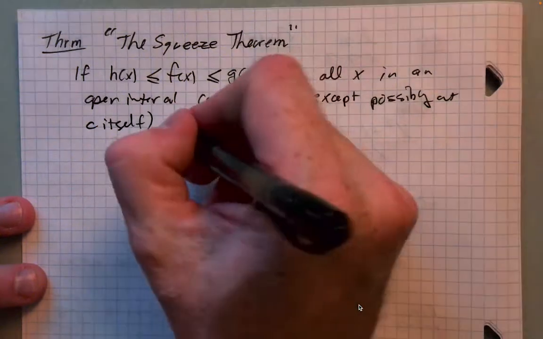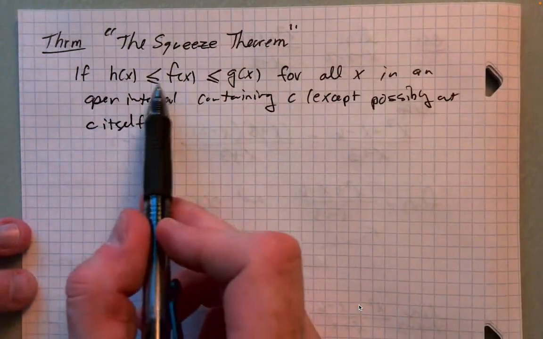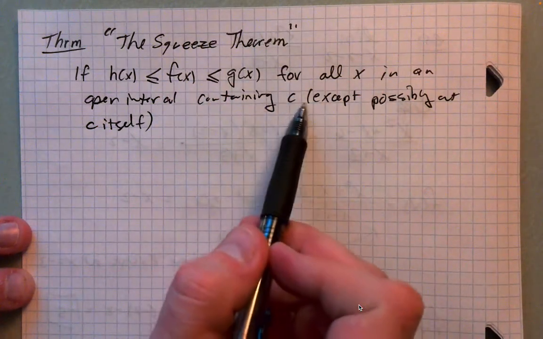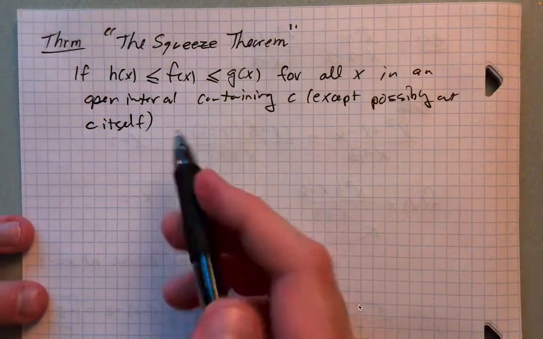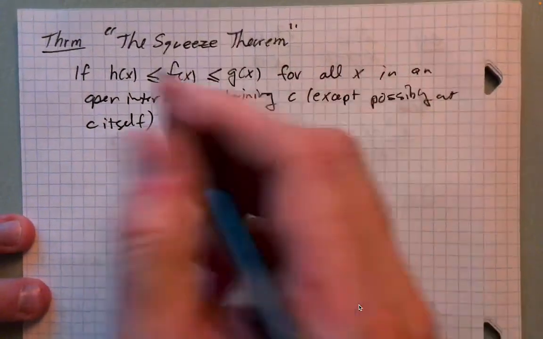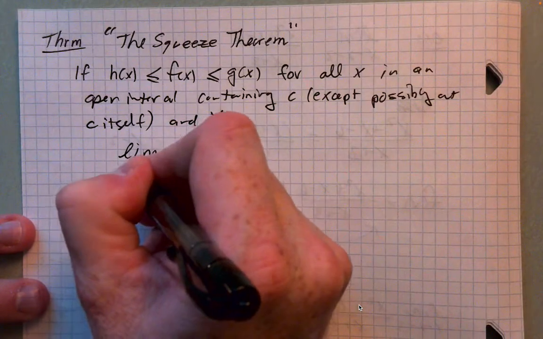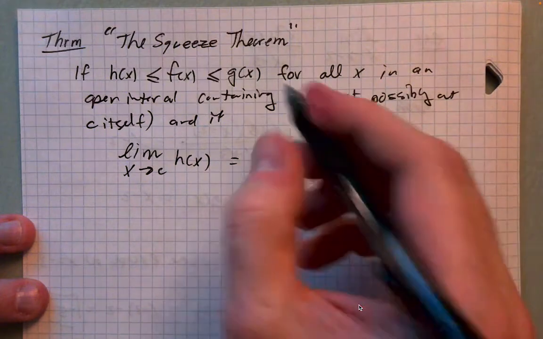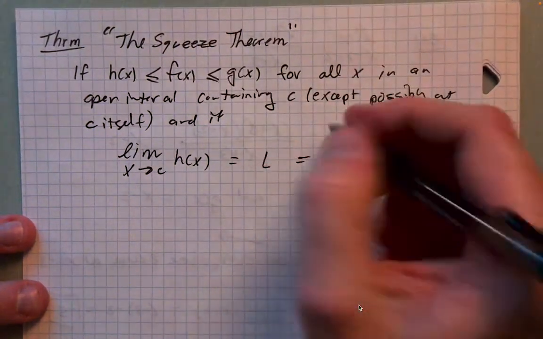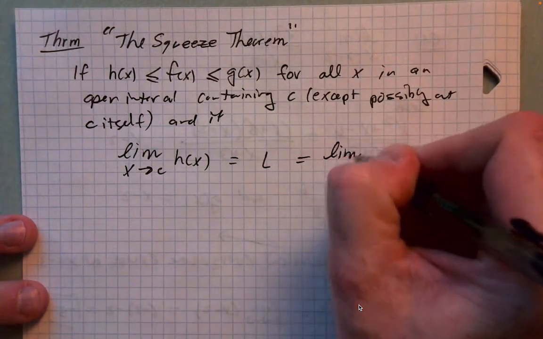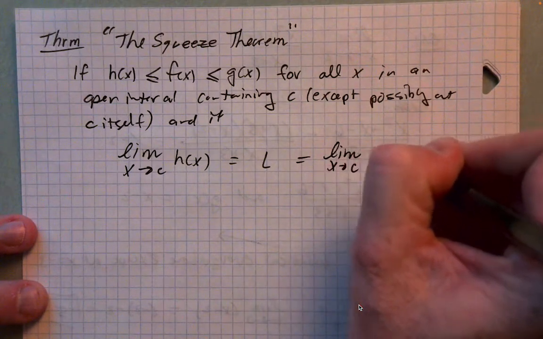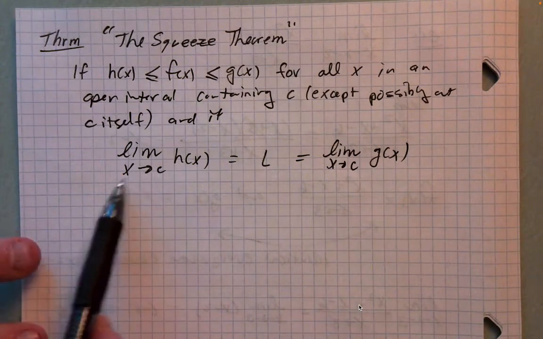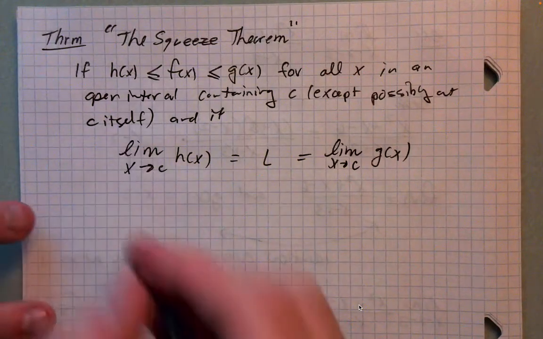Then, if h is less than or equal to f, which is less than or equal to g for all x in an open interval containing c, except possibly at c itself, and if the limit as x approaches c of h of x is equal to some value L, which is also the limit of g, then that value L is the limit of f as well.